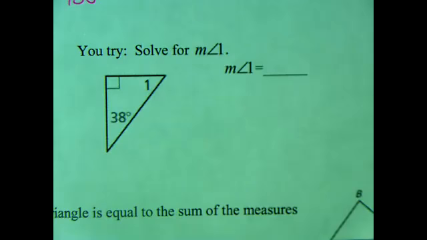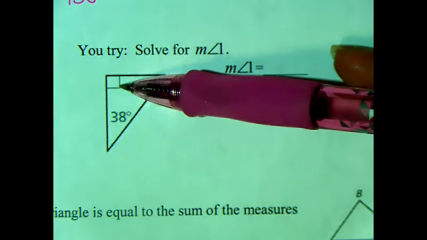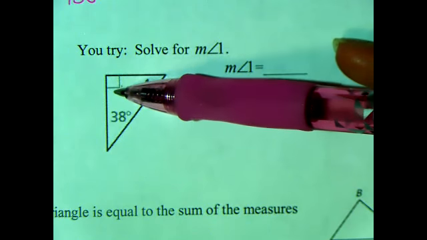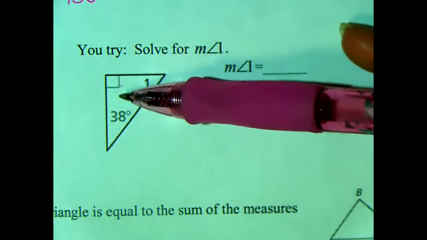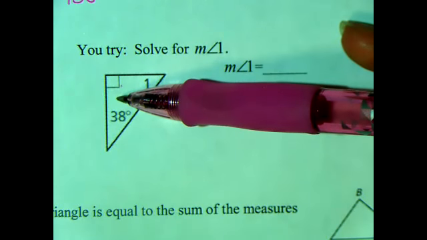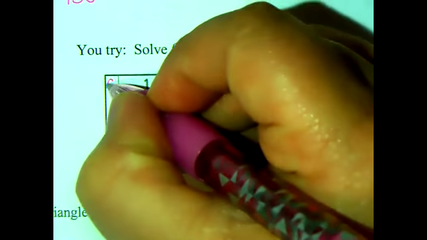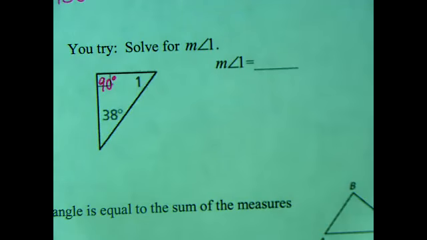But before you do, quick question. What's the measure of this angle right here? This little box, what does that indicate about this angle? Yes, good. It means that this angle right here is 90 degrees, a right angle.